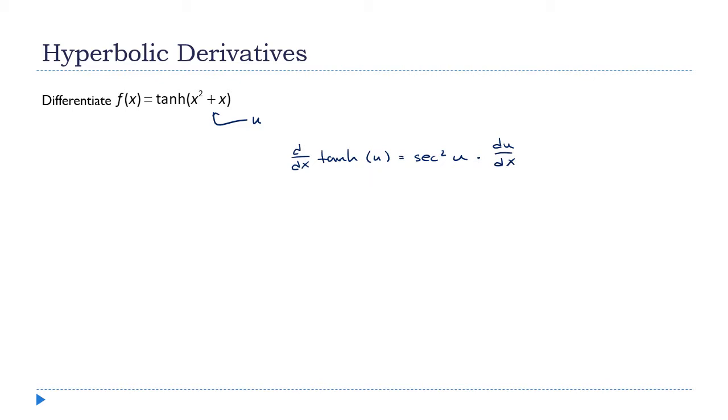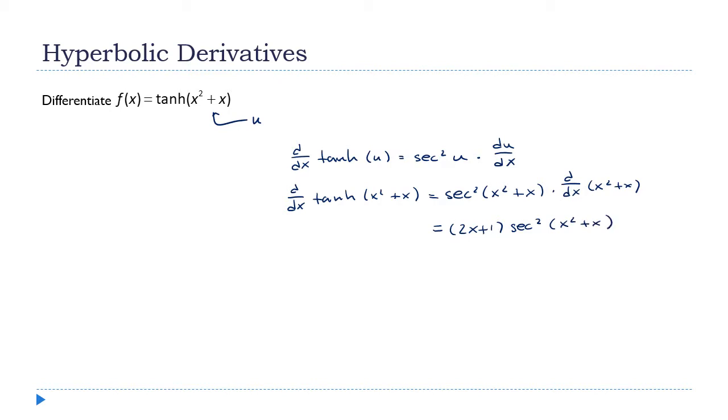If my u is x squared plus x, that means the derivative of the hyperbolic tangent of x squared plus x is hyperbolic secant squared of x squared plus x times the derivative of x squared plus x, which is just 2x plus 1. So this is 2x plus 1 times hyperbolic secant squared of x squared plus x. And that's it. There's the derivative of my function.